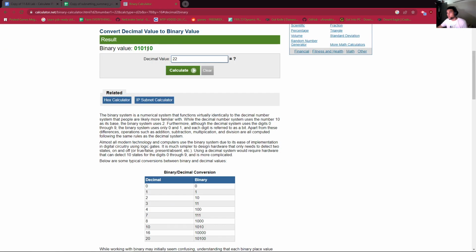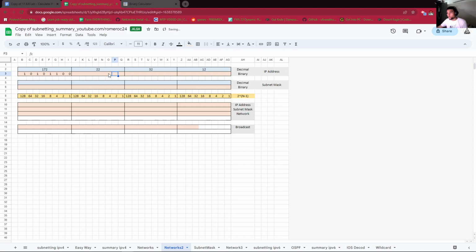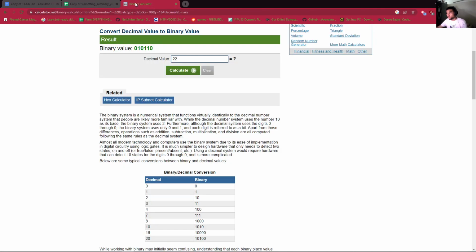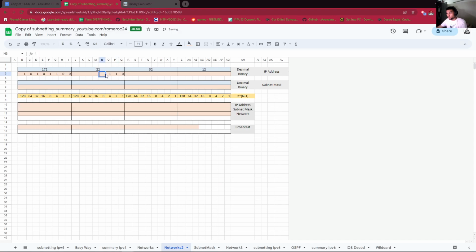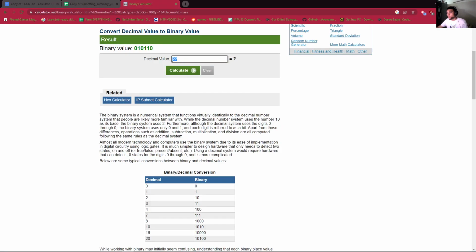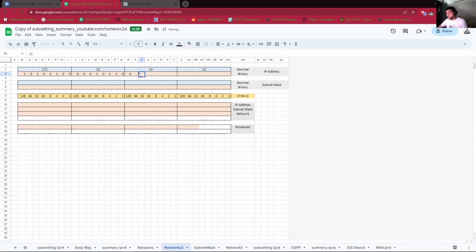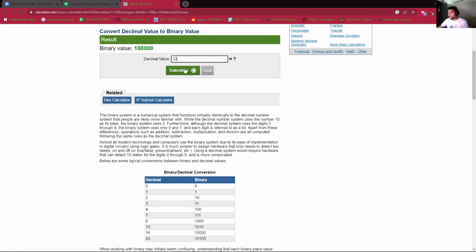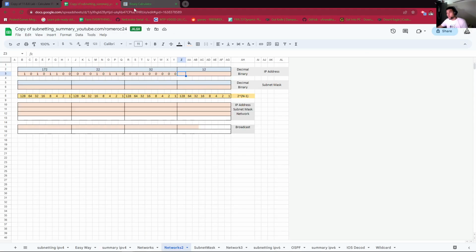Next one is 22, which is 00010110. Next is 32, which is 00100000. And for 0, it is all 0s.